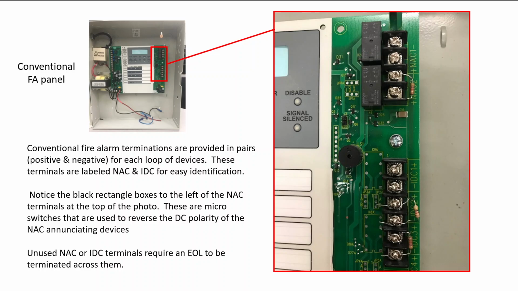These are microswitches which are used to reverse the DC polarity of the NAC enunciating devices. Unused NAC or IDC terminals require the end-of-line resistor to simply be terminated across them so that the system knows that there's something there. Otherwise, you won't actually get the fire alarm system to function.